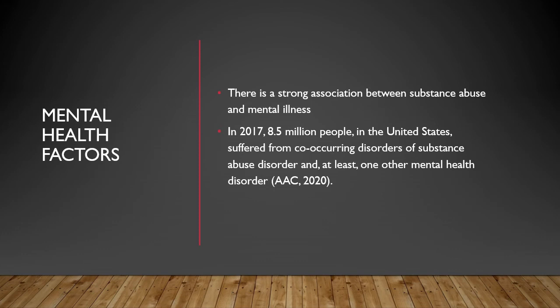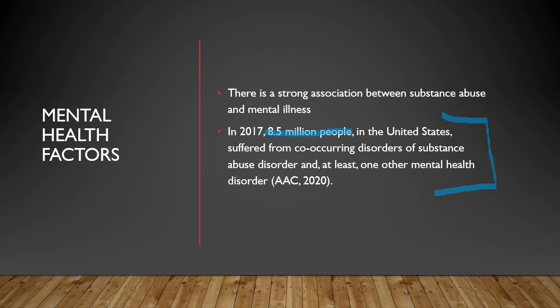What's interesting about this statistic that I have listed here is that 8.5 million people is the number that was suffering from co-occurring disorders. Now, I don't know if you remember, but in lesson 2, we saw that 19.5 million people suffered from substance use disorder in the United States in 2017.